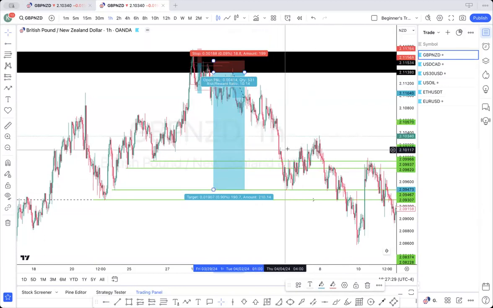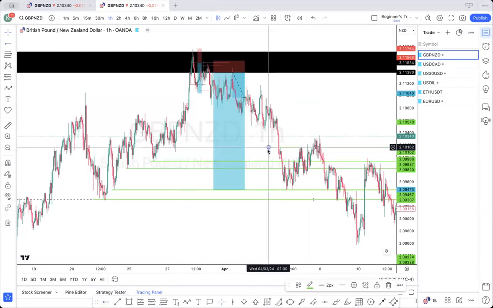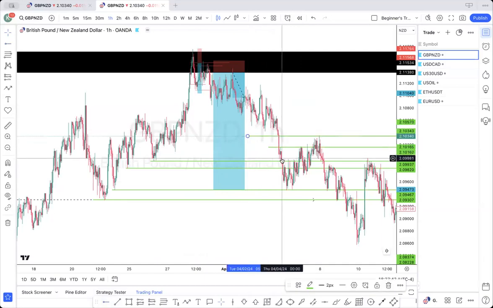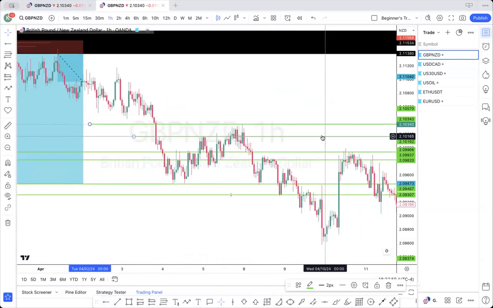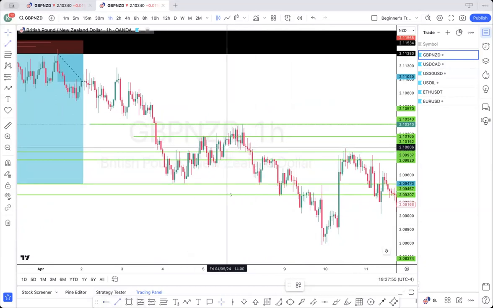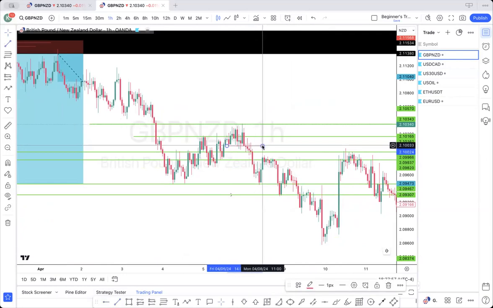You have a whole imbalance right here that you're expecting price to tap into to then start selling. Okay. So once price came into your zone and actually filled this whole imbalance, once you start seeing violated order blocks, which happened here, right?